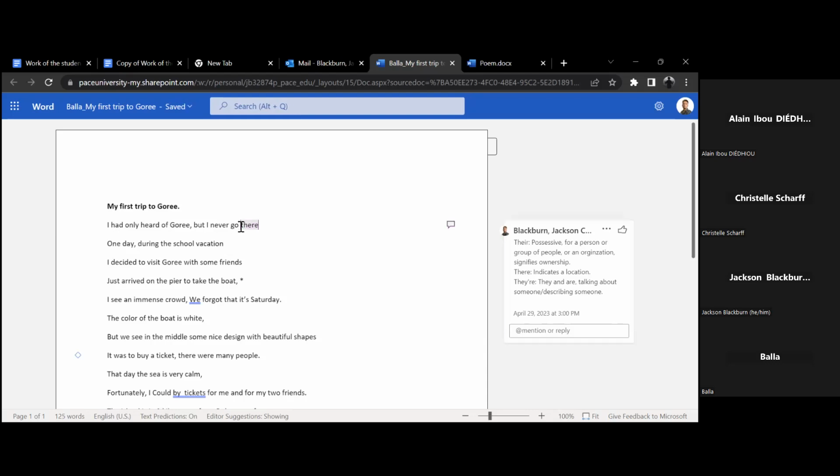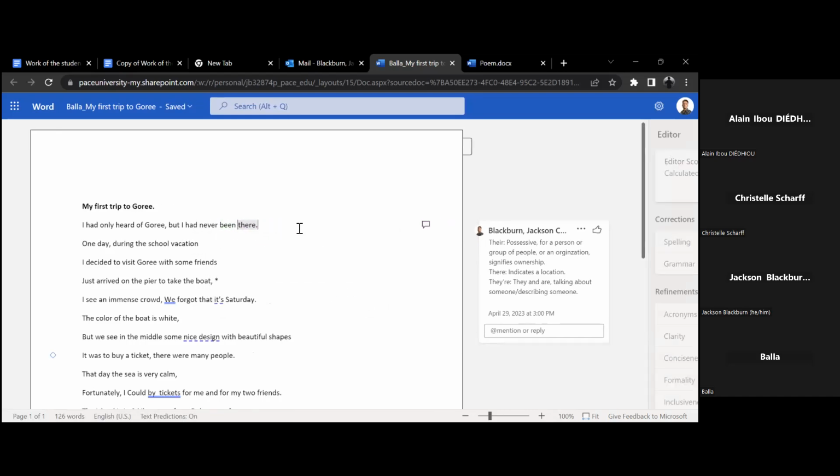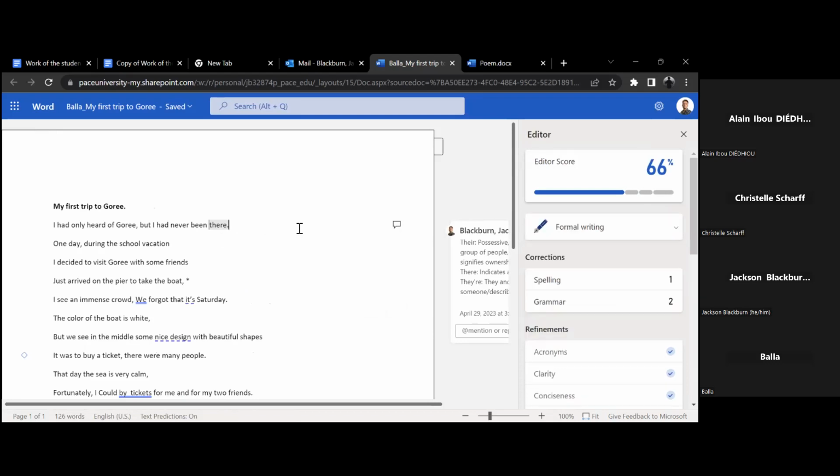And then since we all want it to be in the same tense, we will change that to went instead of go, or gone since we added had. Okay. We can add a period. Okay, one day during the school vacation, I decided to visit Gory with some friends. Okay, so we can add a period there since you put a capital letter right here and it just starts a new sentence.